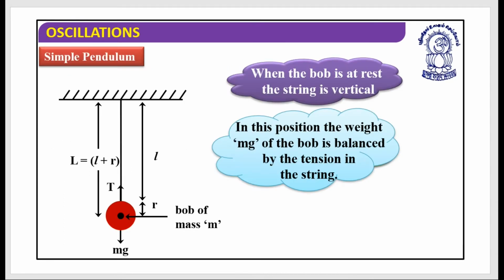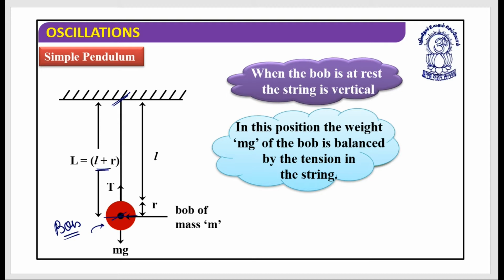Now let's have a look at how a simple pendulum looks. Suppose this is the simple pendulum and this is the bob, having mass m and radius r. I have hinged the string at this point, the point of suspension, and this distance from the point of suspension is what we call the length of the string.